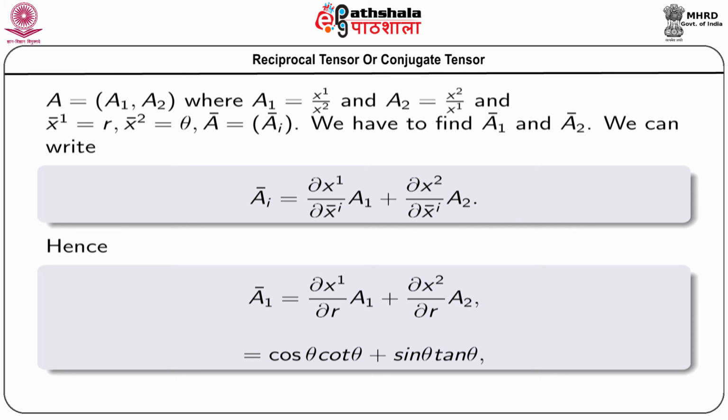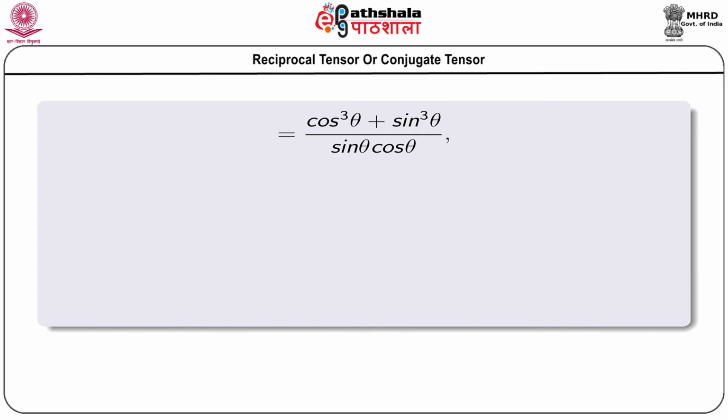By the derivative of x1 and x2 with respect to r, we got a bar 1. And if I just simplify, it comes to cos cube theta plus sin cube theta by sin theta cos theta.